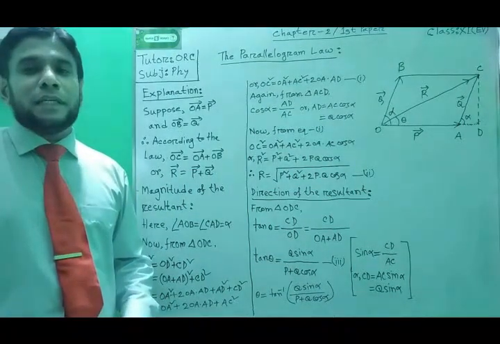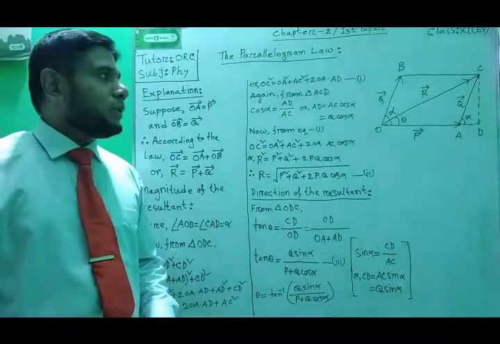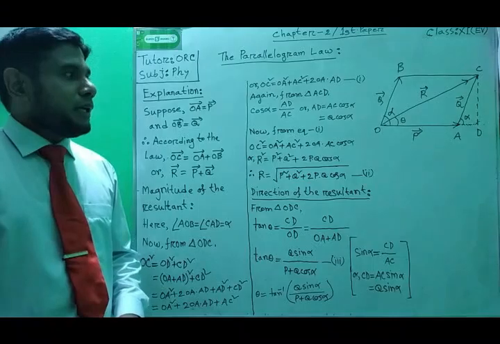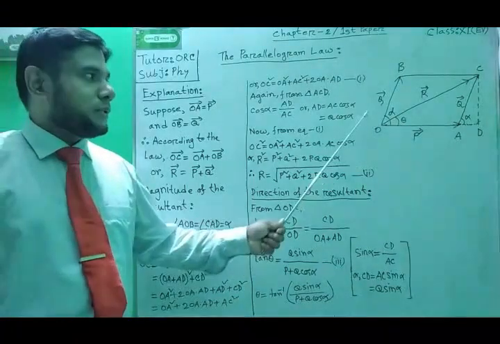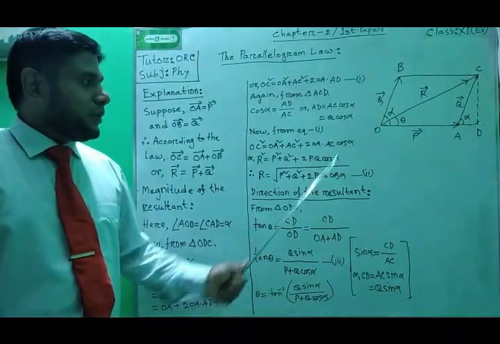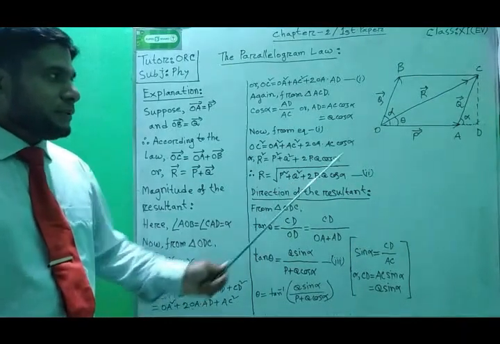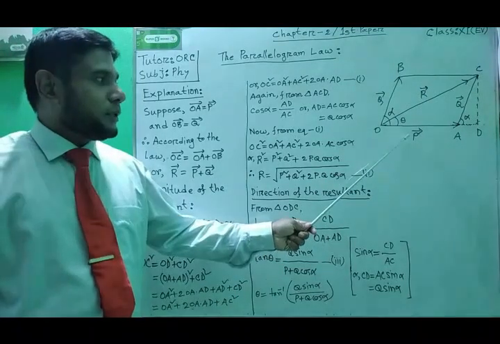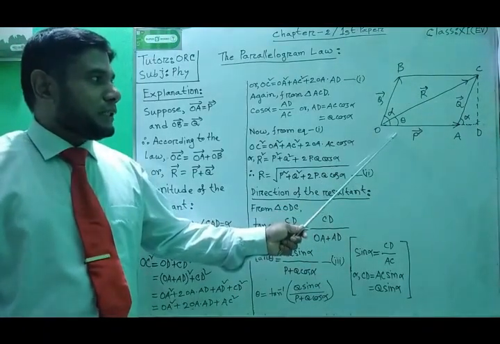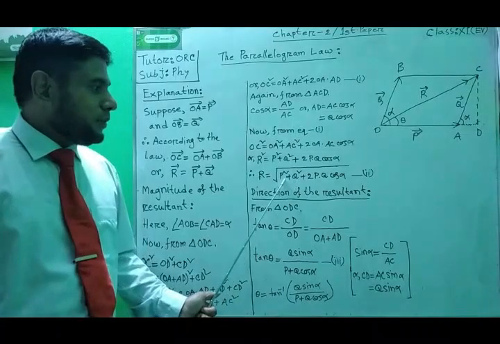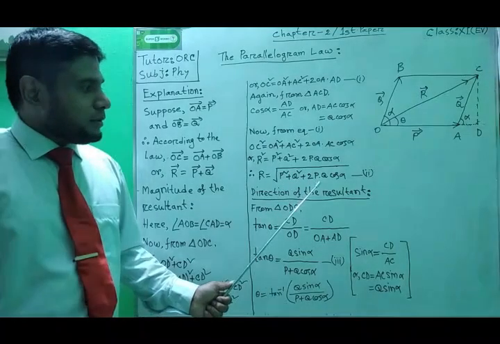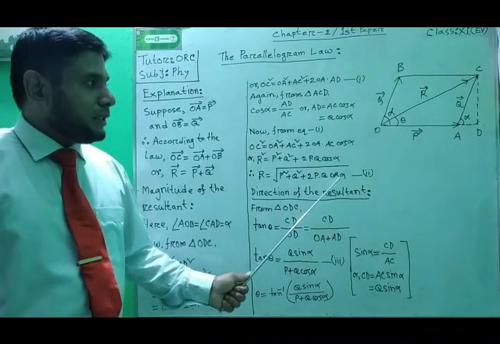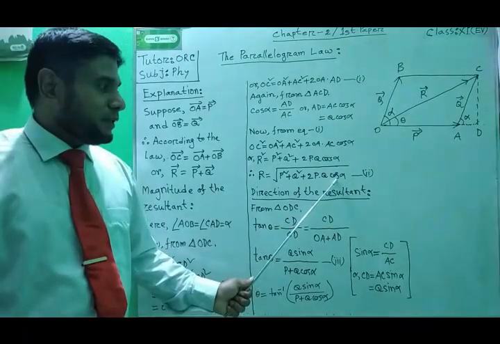In the next class we will discuss how we can find the maximum value and the minimum value of the addition of two vectors. From this information we can easily see that if the values of the two vectors P and Q are constant, then the addition will vary depending on the angle between the given two vectors, on cos alpha.